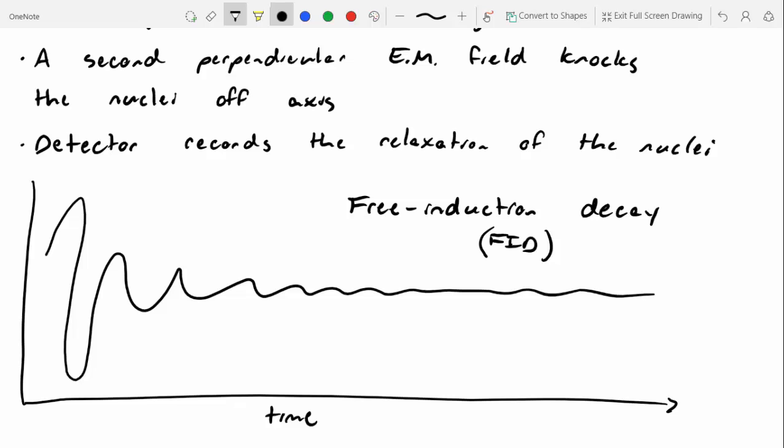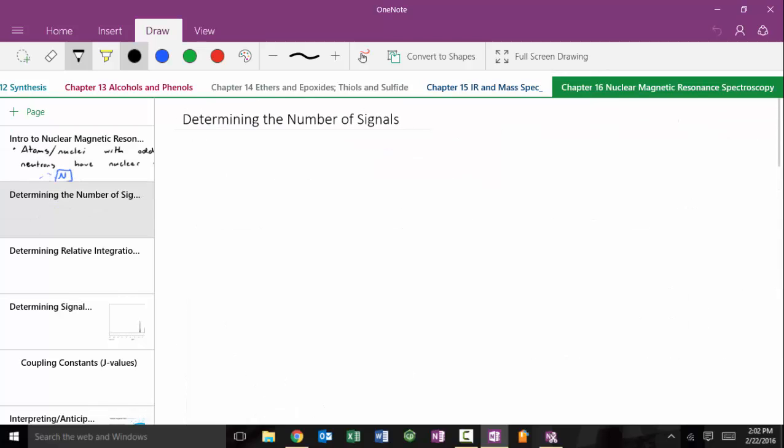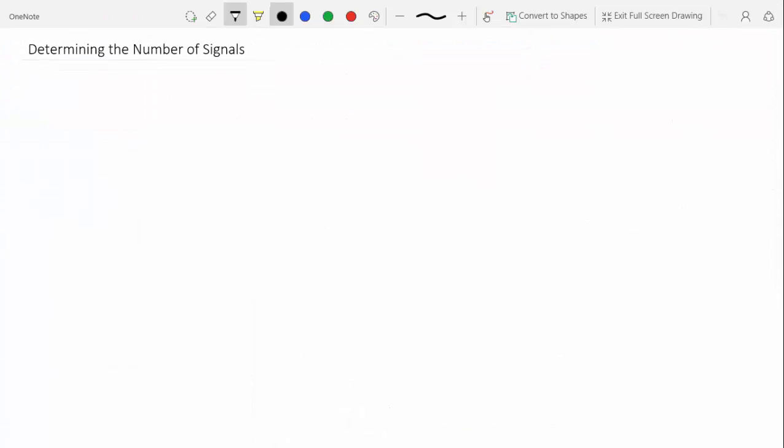All right, so now the fun part. We get to get away from the abstract physics. First thing we've got to do is determine the number of signals that might result from a compound.